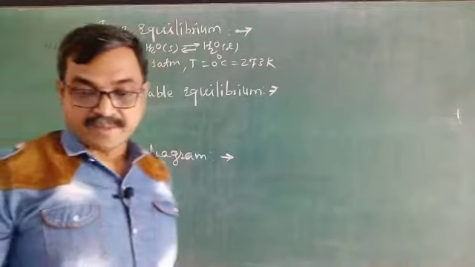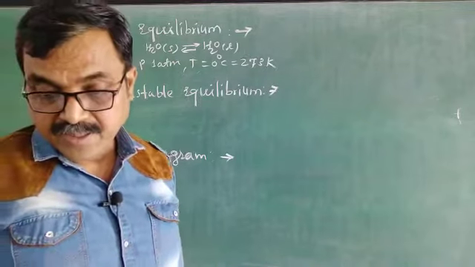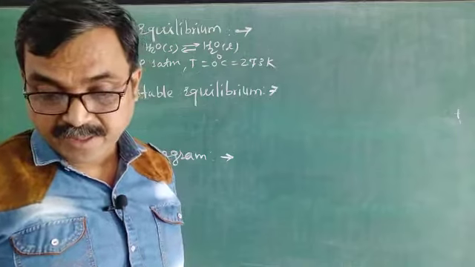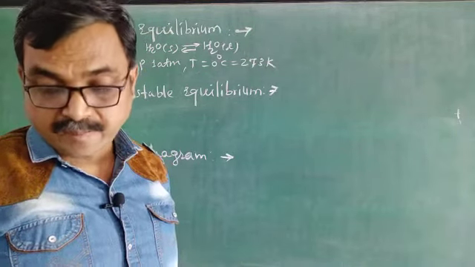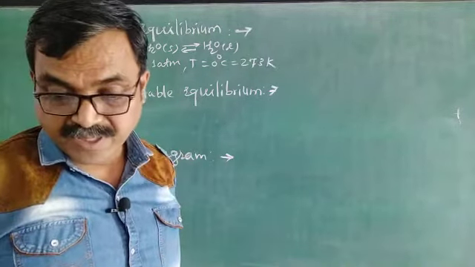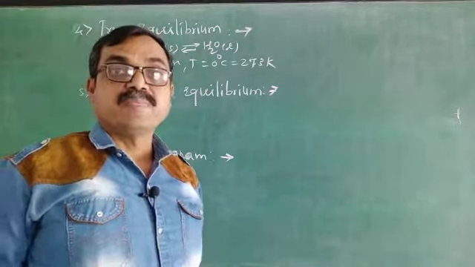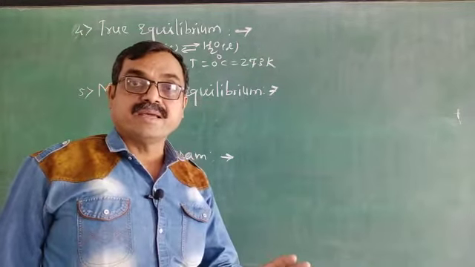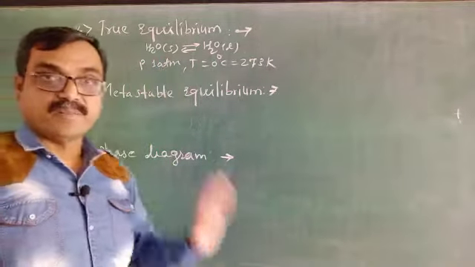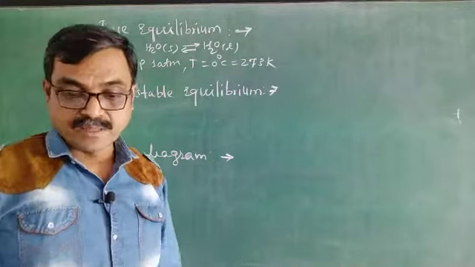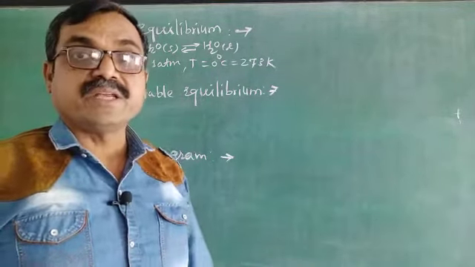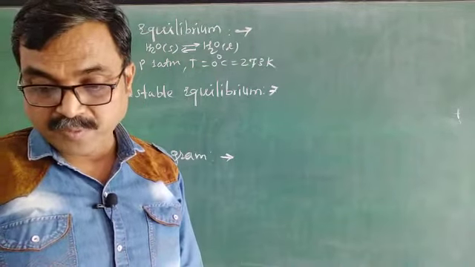Irrespective of whether the equilibrium is attained by partial melting of ice or partial freezing of water, such a system existing at equilibrium is known as true equilibrium.